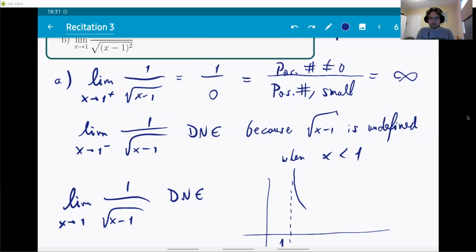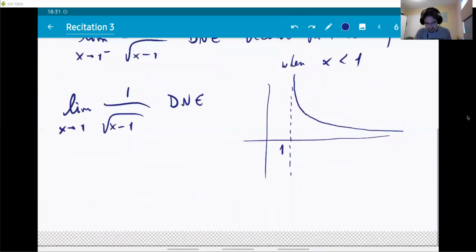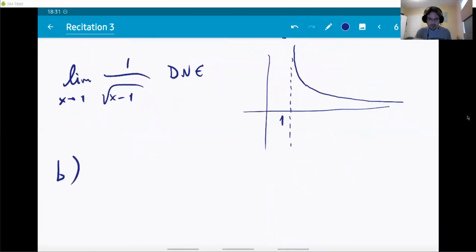Now, this limit behavior doesn't tell you much about anything else, like what does the graph do after this point? It turns out it just goes towards 0 like this. But if you're studying a limit at 1, then that's going to give you information about only close to 1. But I'm just saying this so we connect this to actually graphing and vertical asymptotes. This line is a vertical asymptote to the graph.